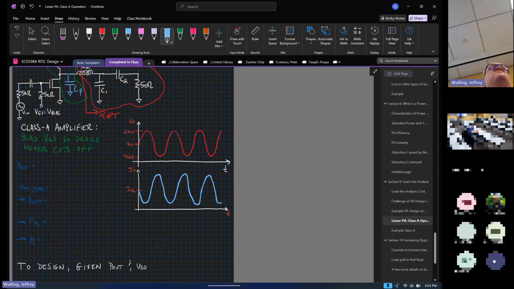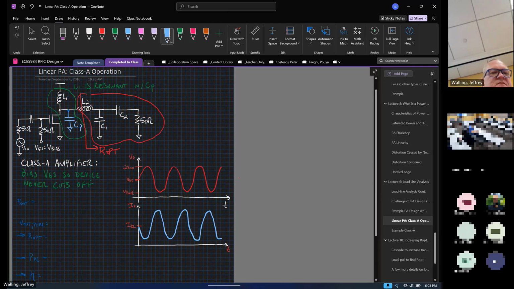All right. Why does the drain voltage swing up to VDD, up to 2 VDD as I've drawn it? Because of the resonance? It's not because of the resonance, although the inductor is playing a role in this. The DC value at the drain of the transistor has to be equal to VDD because the inductor is a short at DC.